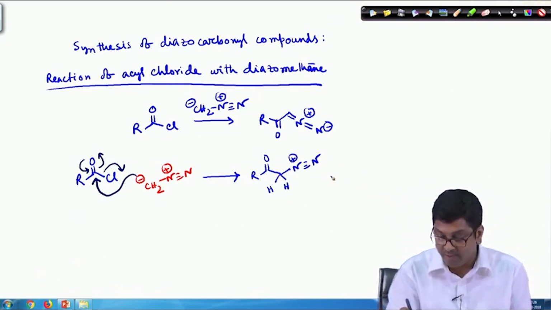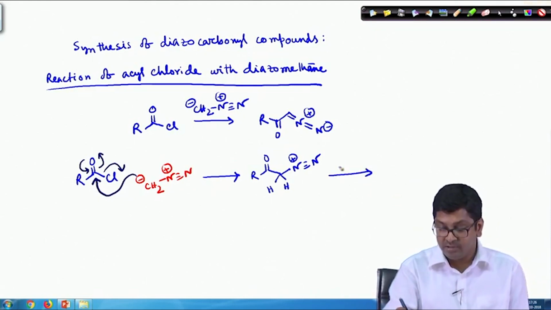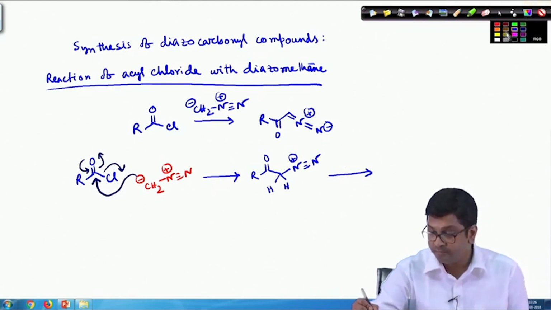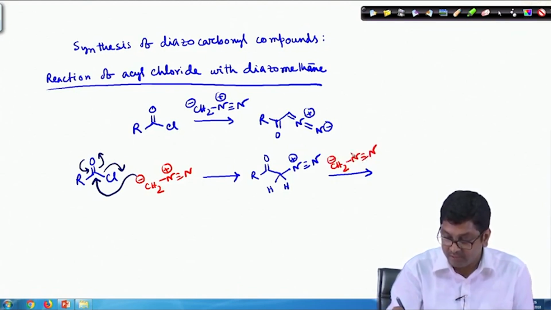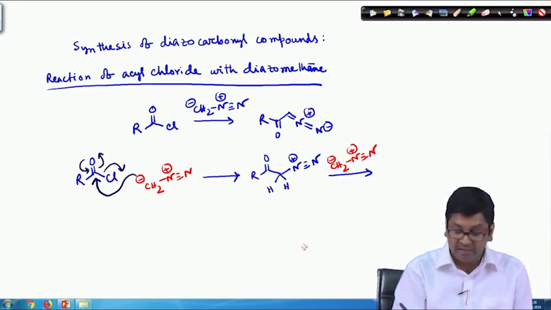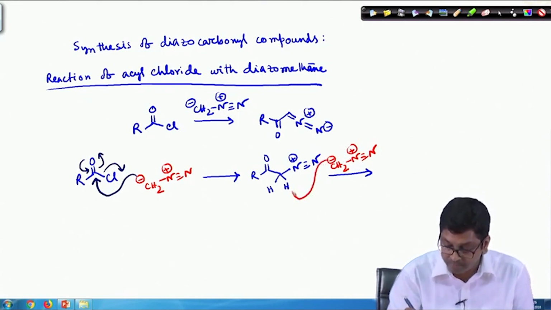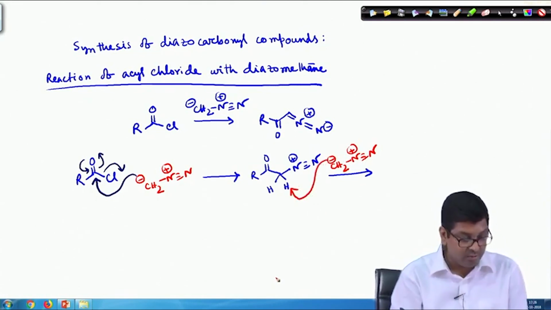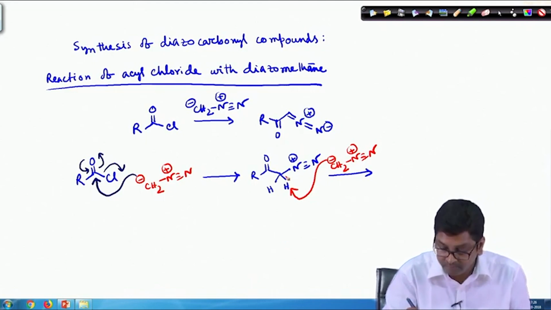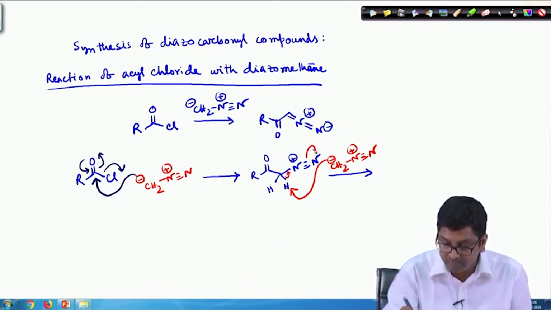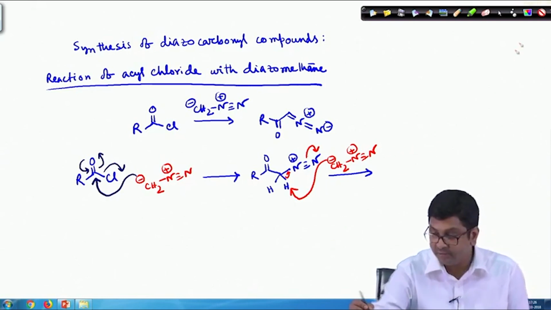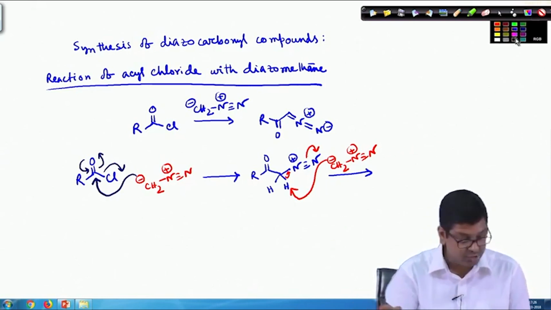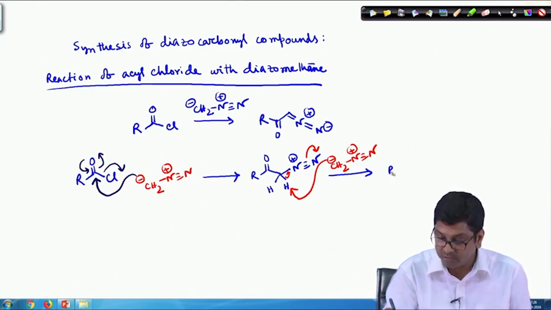And once you have this, then again one more molecule of diazomethane will pick up this acidic proton. Okay. So, once it picks up, okay, now this will have the corresponding diazocarbonyl compounds.